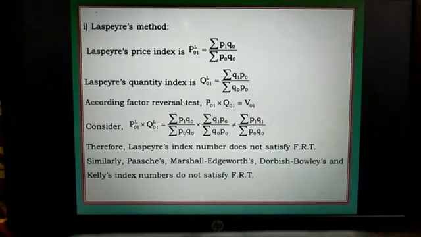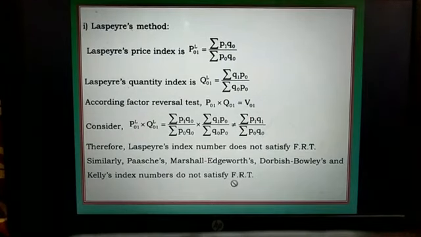If it results in the value index number, then it satisfies FRT, the factor reversal test, otherwise no. When you perform this for all these index numbers, right from Paasche's, Marshall-Edgeworth's, Dorbish-Bowley's and Kelly's, you will not be able to get the RHS, sum of P1 Q1 divided by sum of P0 Q0. That's why we say they do not satisfy the factor reversal test.